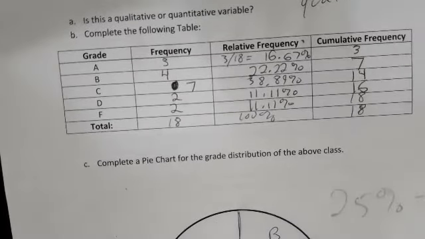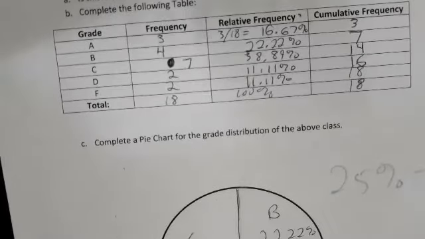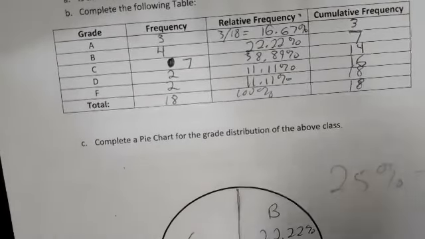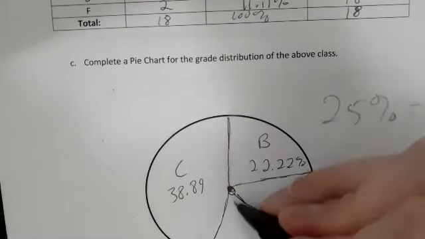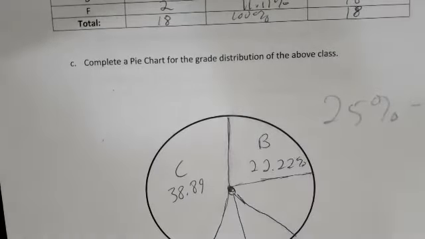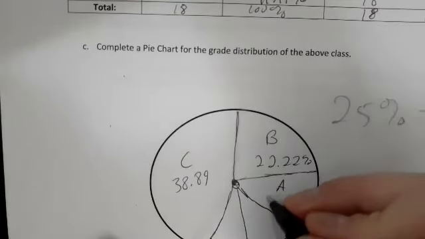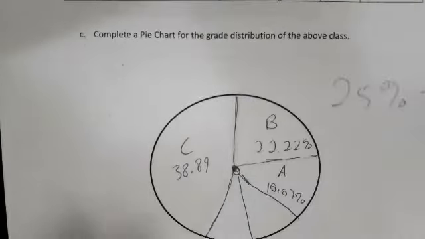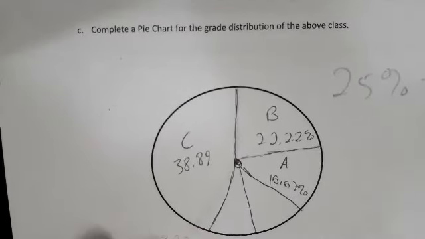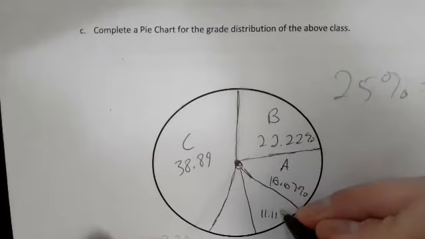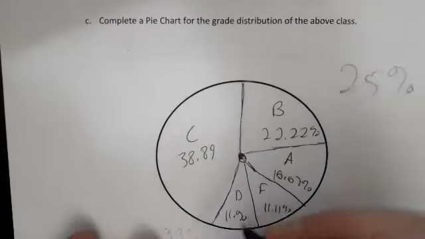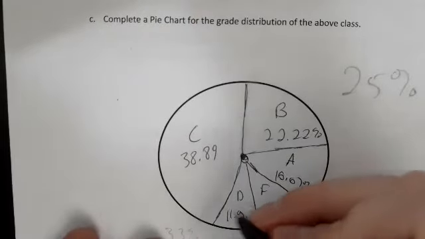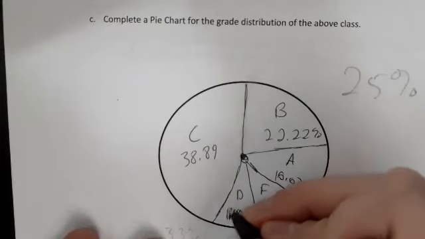This is my B. My A is 16 and the remaining two are 11. So I'm just going to guesstimate, if I'm being honest, about 16, and maybe these two have to be equal at 11. I missed my 11.11. Try to squeeze it in there.